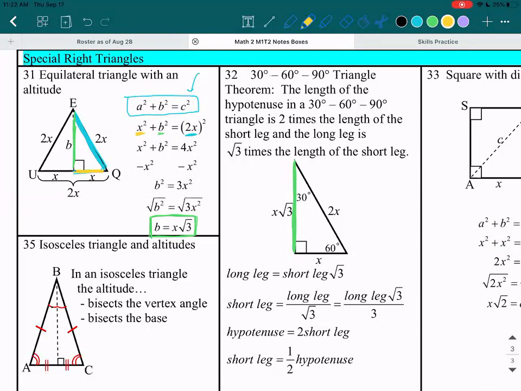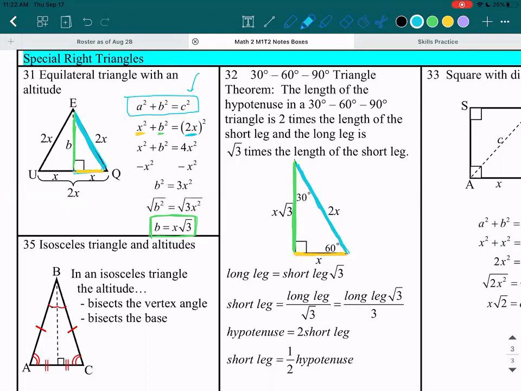This yellow on the bottom is the same as the yellow on the bottom over there. It's just the length is x. We're just focusing in on this little triangle that we cut out of our equilateral. And over here we have 2x, which is the same as the blue side over there. So we're just zooming in onto this particular triangle, which is half of an equilateral.